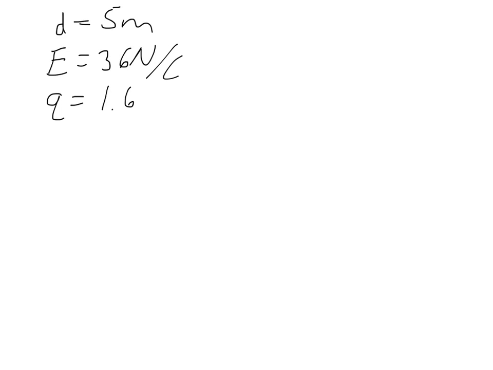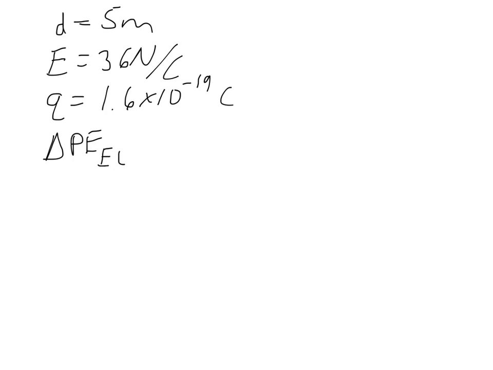So an electron moves 5 meters in the opposite direction, so our distance is equal to 5 meters. Our electric field is 360 newtons per coulomb, and the charge is the electron again, so it's 1.6 times 10 to the negative 19th coulombs. And we're looking for the change in electric potential energy again.